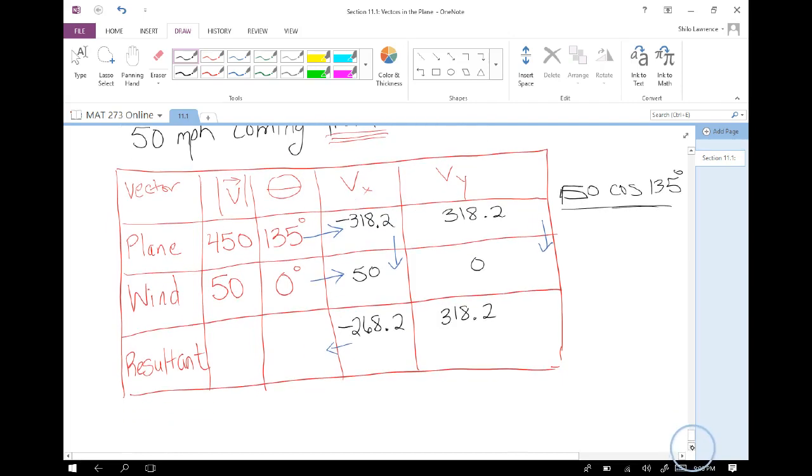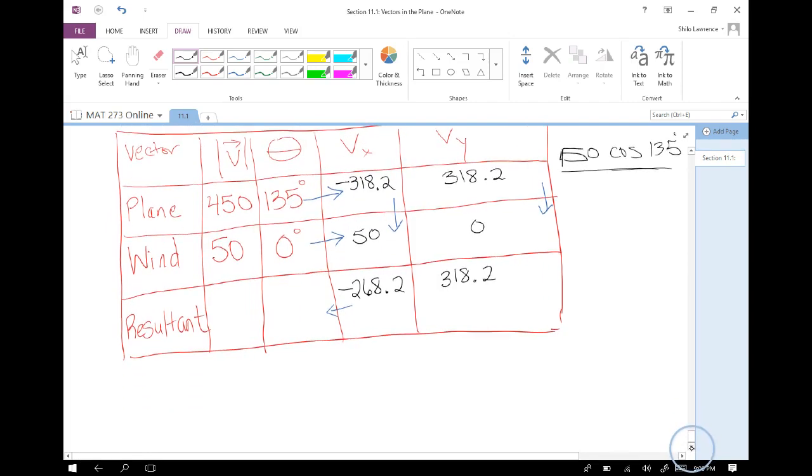Now we've got components for the answer, but we typically are going to answer the question the same way that it is asked of us. Since this question was asked of us in magnitude and direction format, we want to answer it in magnitude and direction format. So we've got a vector that has these components.